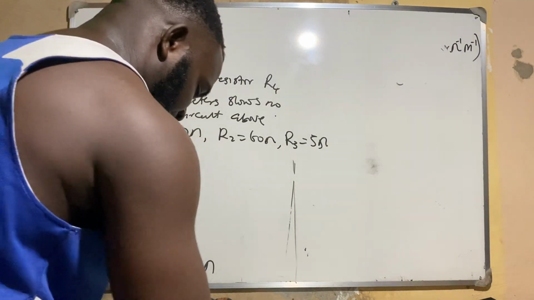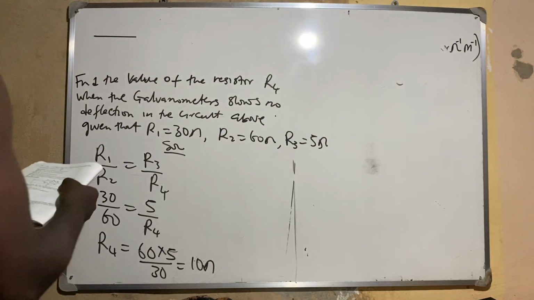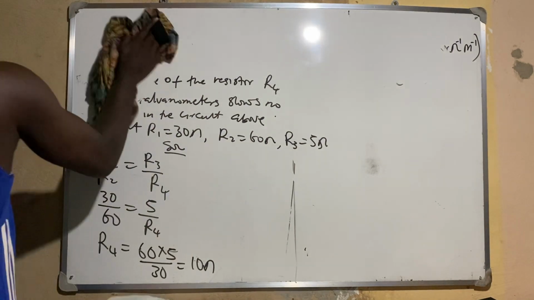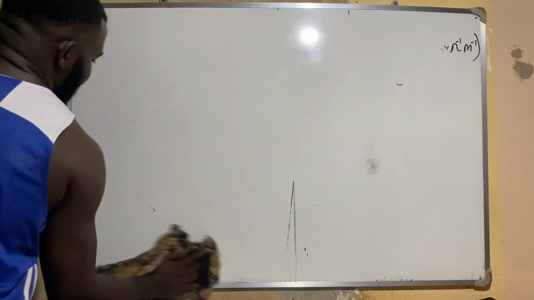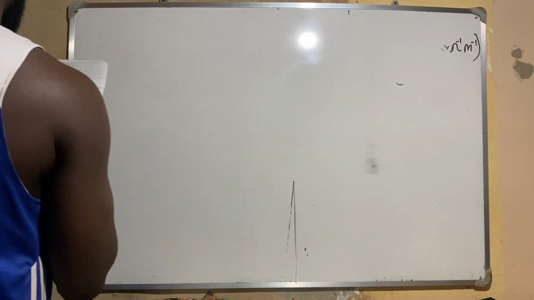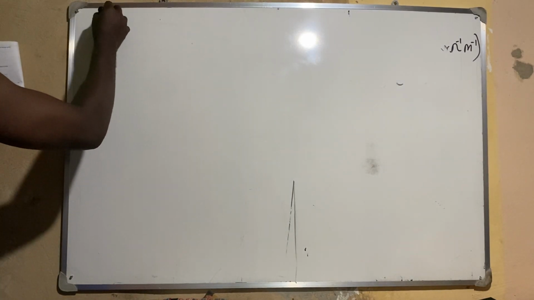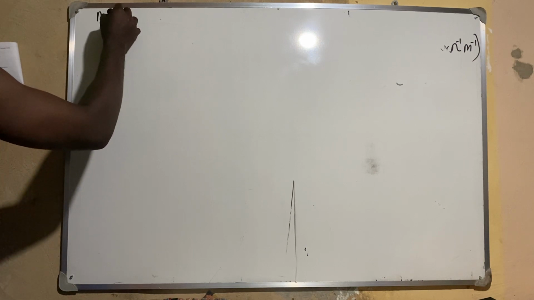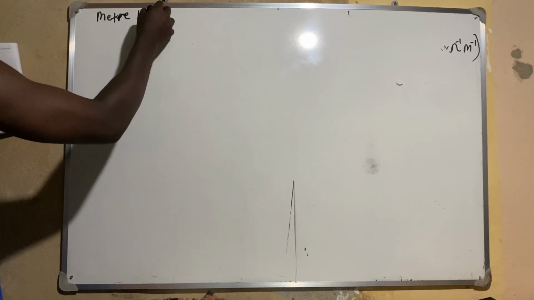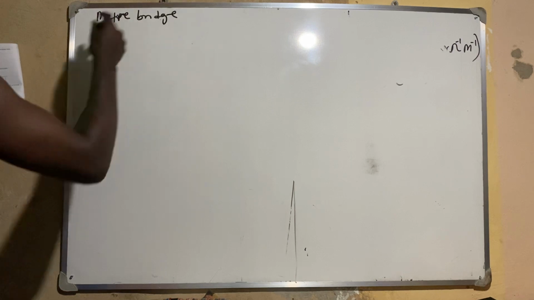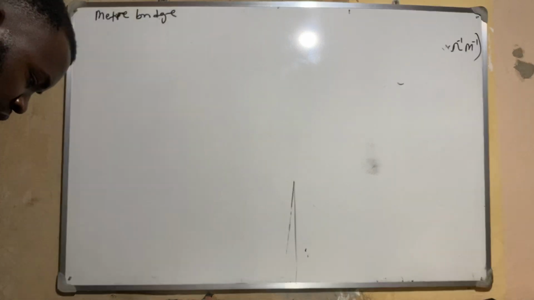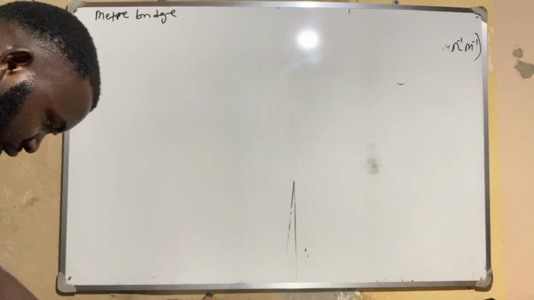The next one, number 3 way of measuring resistance, is the meter bridge. Measurement of resistance using the meter bridge.